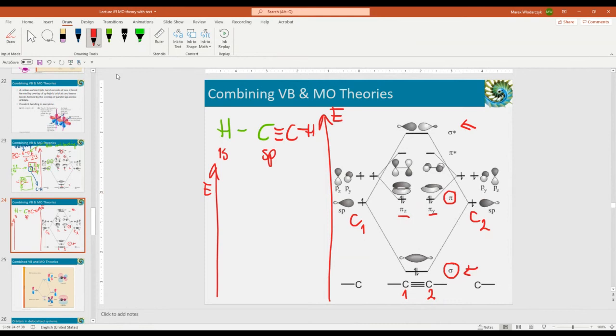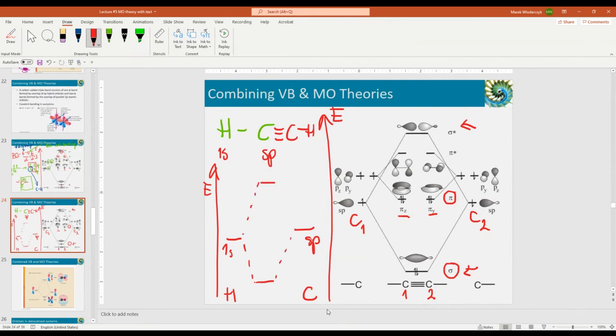So we have the 1s orbital here, and the sp orbital over here. This is our hydrogen, this is our carbon. You form only one single bond here, so that means you form only a sigma bond, okay? So the sigma bond will be lower in energy.